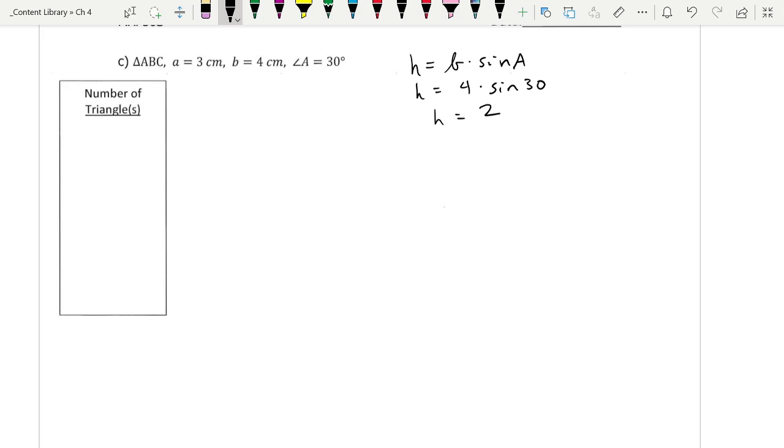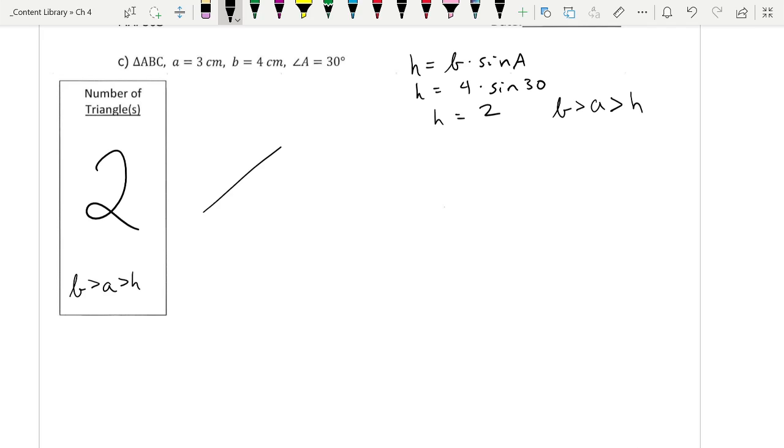So it's 2. So A is bigger than the height, but it's smaller than the adjacent side B. What does that mean? It means that we have two triangles. And again, we have true triangles because A is less than B, but also greater than H.